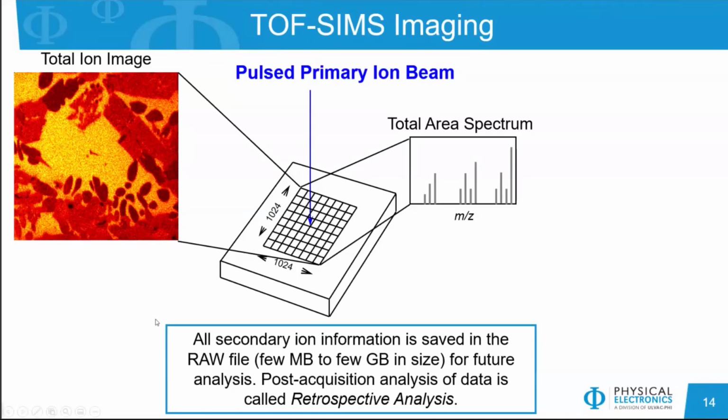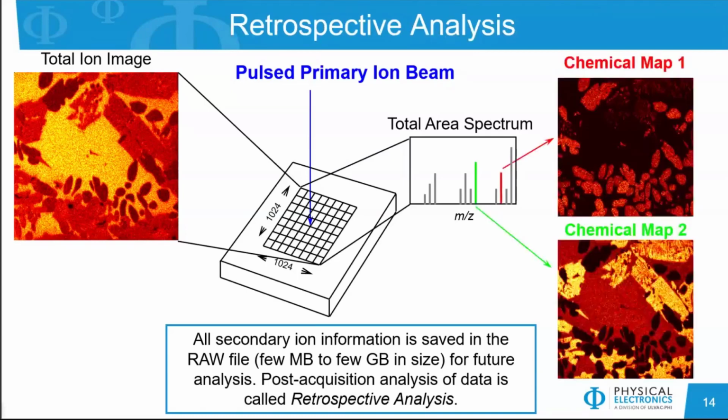And all this is saved, so it's really nice that you can do post-acquisition analysis of the data, and we call this retrospective analysis. So you don't need to know everything at once during the analysis. You can collect your data not knowing anything, use it more as a survey technique, and then take the data offline and begin to process it and break it down and try to understand your data better. There are two ways you can look at it retrospectively. One is looking at the mass spectrum and generating images.